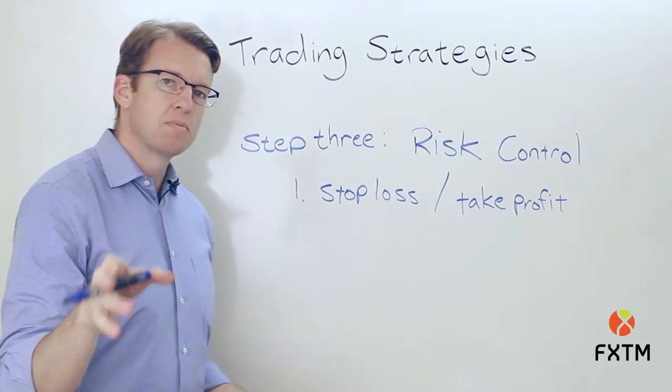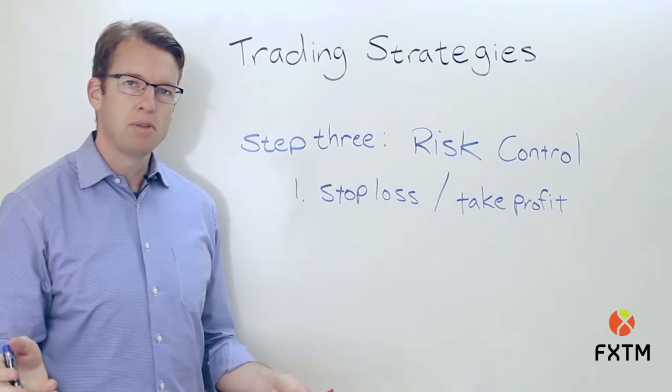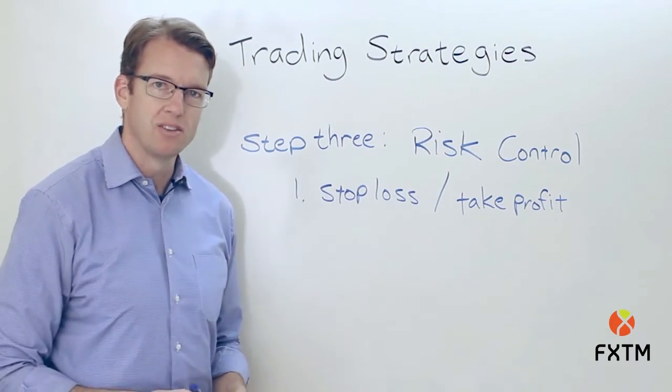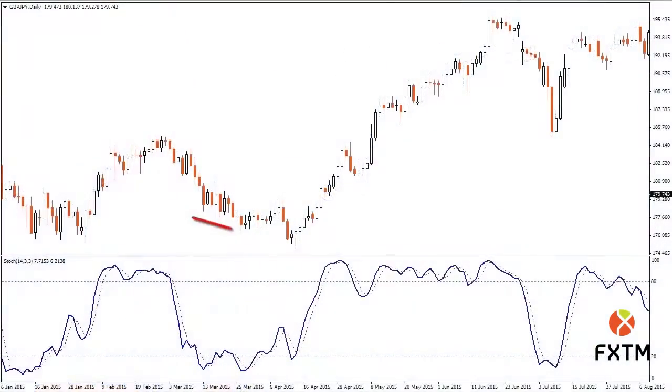Now let's take a look at a specific example of what we mean by a stop loss with the system that we've been evaluating in this video. If we revisit this trade on the pound yen, just after that divergence was confirmed on the 15th, let's imagine that an investor was evaluating an entry on the 16th.